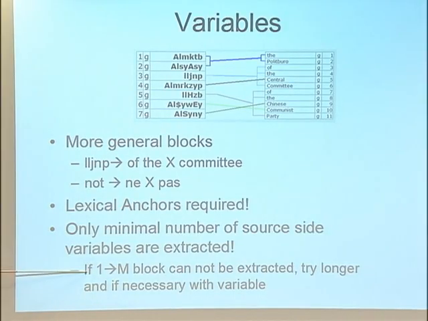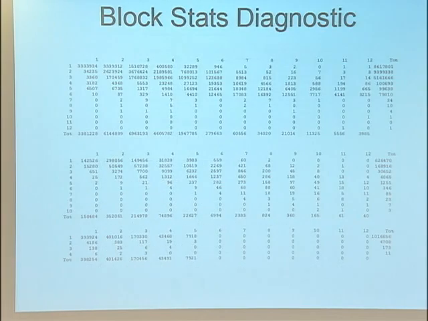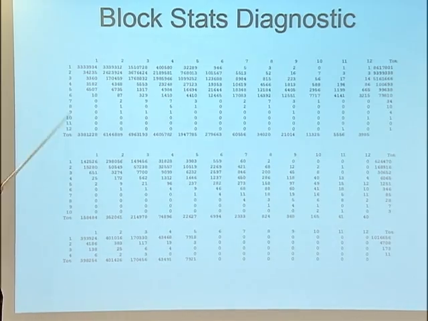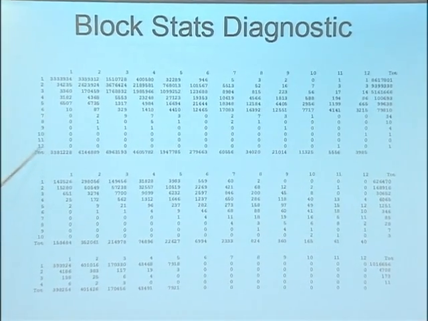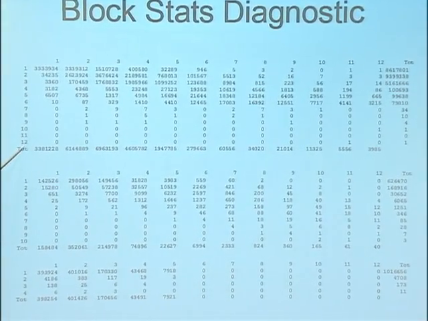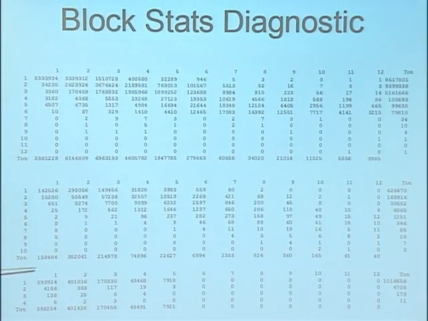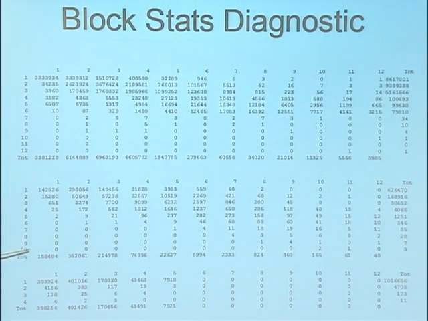Essentially, this is the algorithm. If a 1 to m block cannot be extracted at this source instant, then we try all types of other relaxations to get a longer non-compositional block, perhaps. So we end up with this type of histogram. This is for a phrase decoder, and this is a general system. And this is a test set specific or subsampled kind of system.